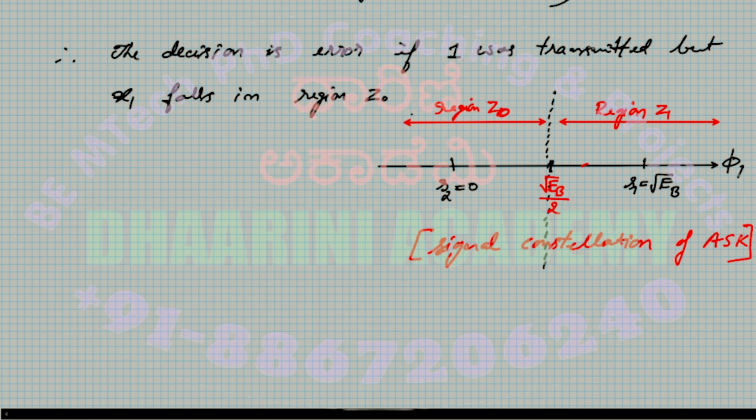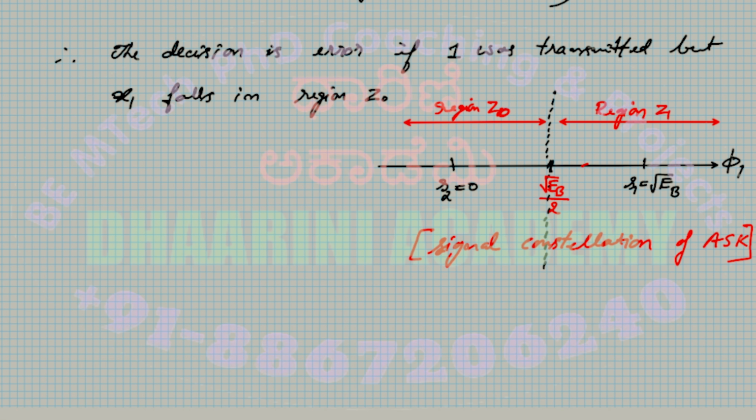At the same time, whenever I send 0, and on the receiver side the small letter x1 falls in region Z1, that's also an error.